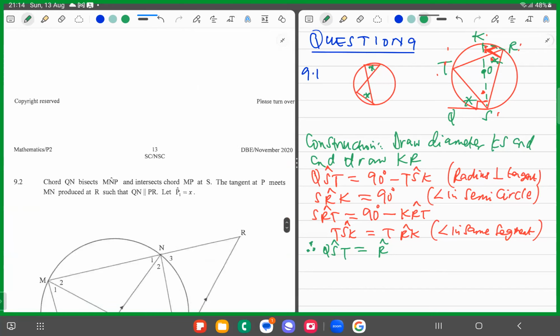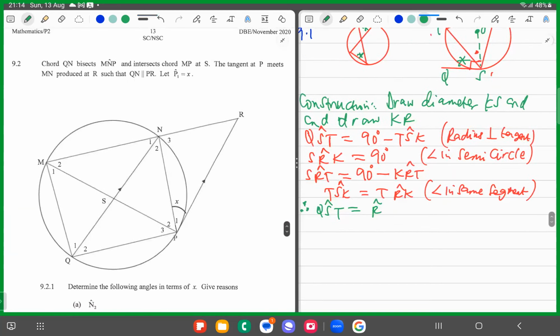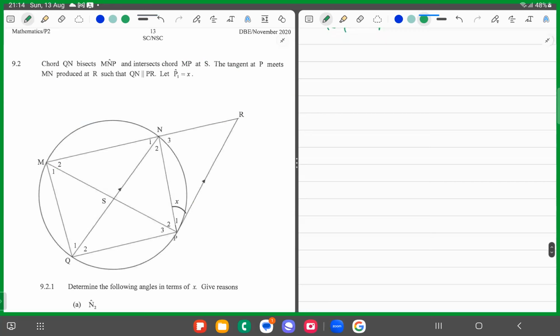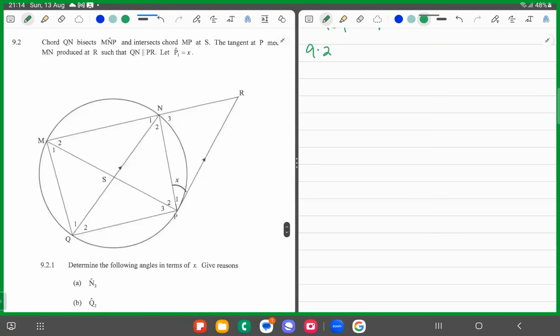We continue with the geometry. As part of the geometry, it's very important that students are also able to analyze what we call riders, questions that involve multiple statements. So now you have this. We have chord QN.